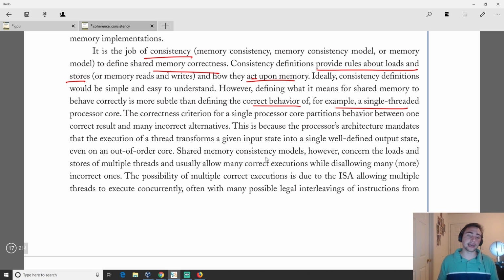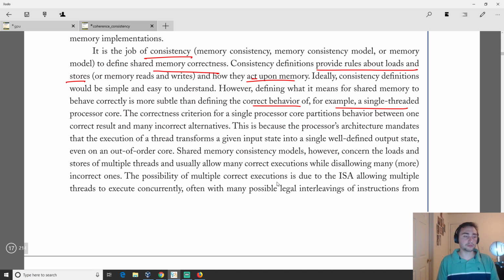And so what I mean by that is we could have two different threads running on different cores, and they could interleave in different ways as far as which instructions actually occur when, and there'll often be more than a single correct way that these interleavings can happen, and there can be many incorrect interleavings of how these two instructions concurrently execute.